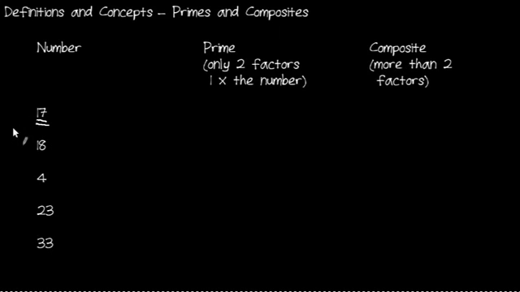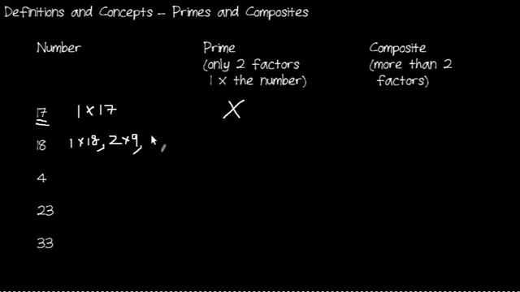What are the factors of 17? 17 only has 1 times 17, so that is prime. 18 has 1 times 18, but it also has 2 times 9, and it also has 3 times 6. So it has altogether 6 factors, so it is composite.